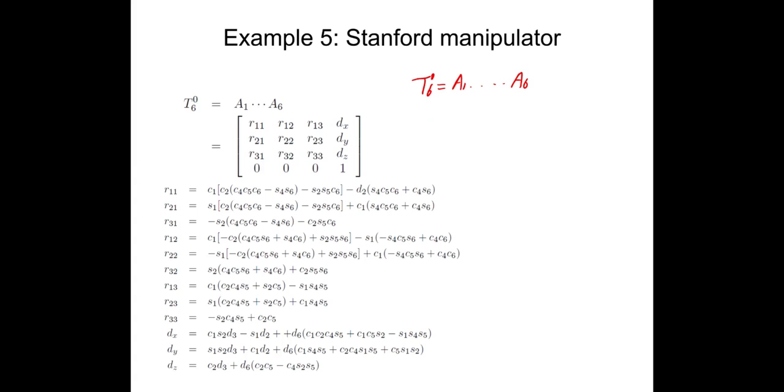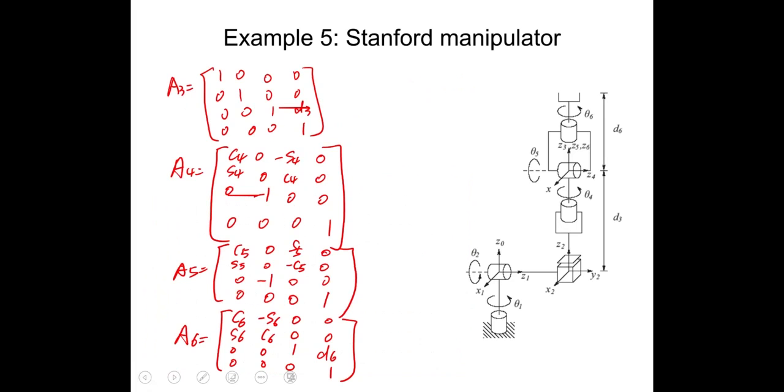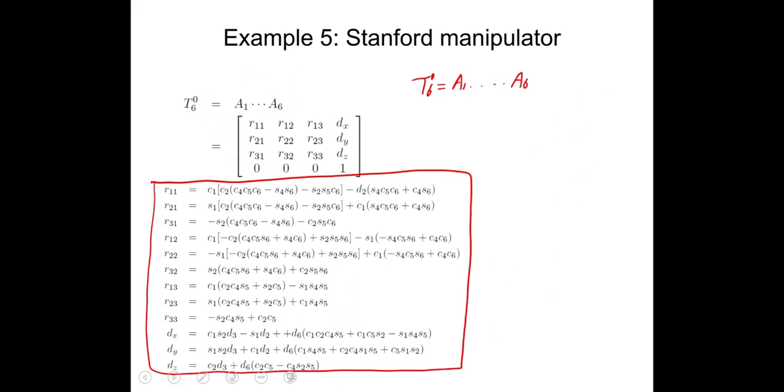For these 6 matrix multiplications, you can use MATLAB to quickly do that. If we want to do hand calculation, that is possible too, with these 6 matrices multiplication. So this is my final result.